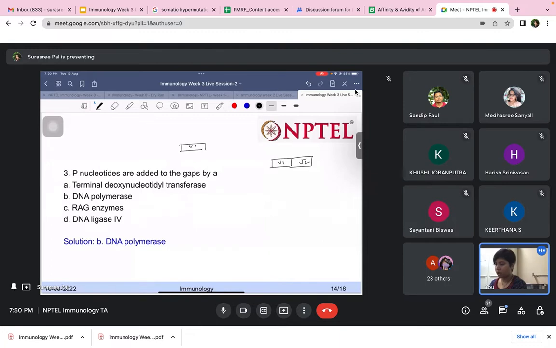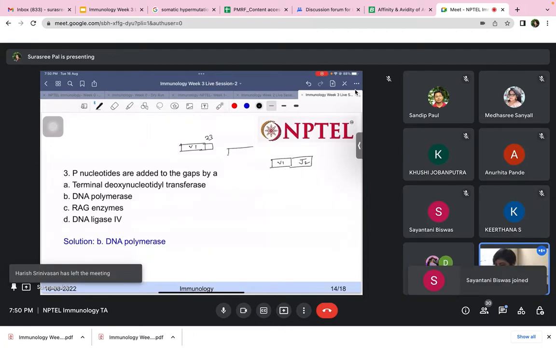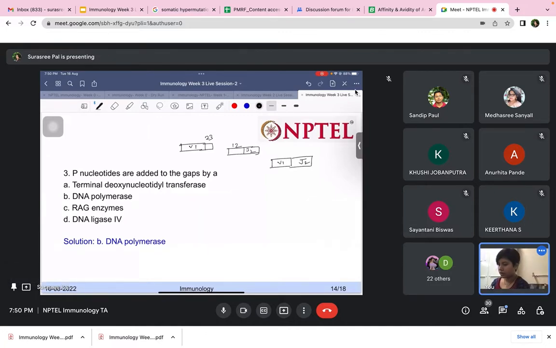The V1 has 23 RSS, suppose, and the J2 has a 12 RSS, right? When they are recombining, there are two joints which will be formed. One joint is the joining of the V1 and J2 segments.